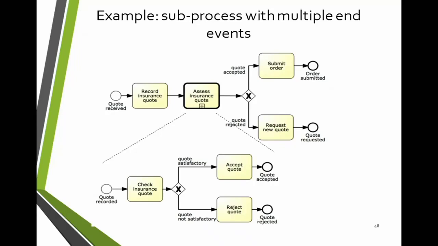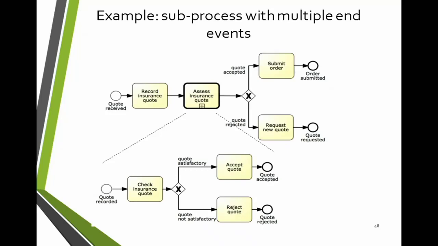I will come back to it next week because there is an alternative modeling variant that I will explain next week based on boundary events. But remember for now that as soon as your sub-process has two or more outcomes, you need to catch this in your parent process. You cannot just continue your parent process without taking this into account, right?